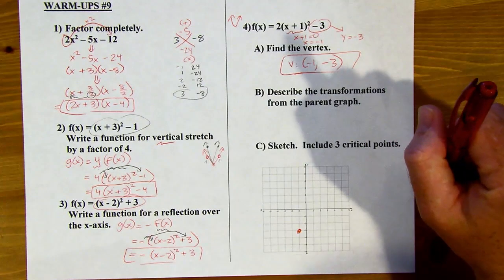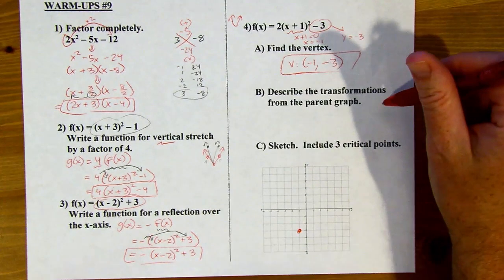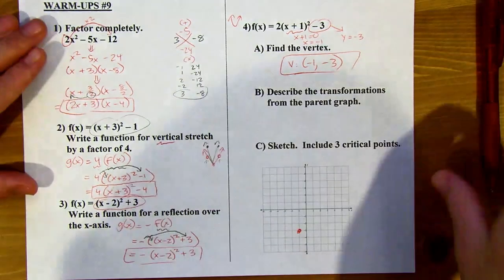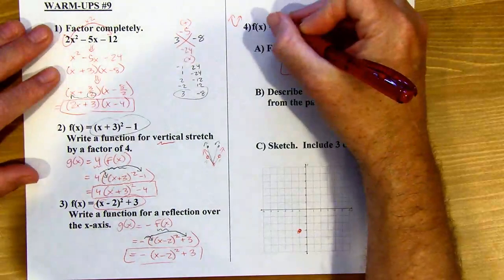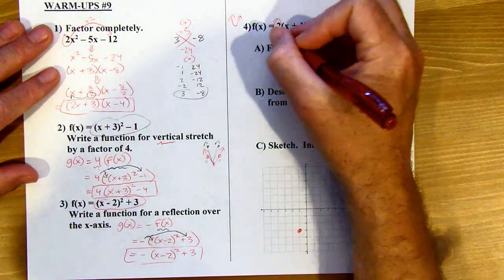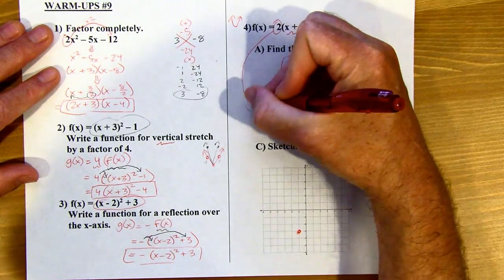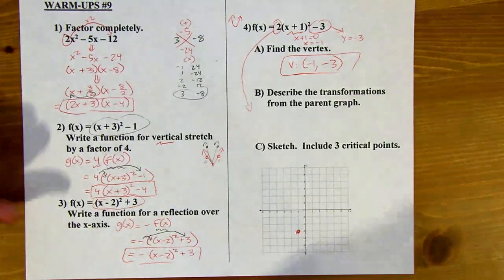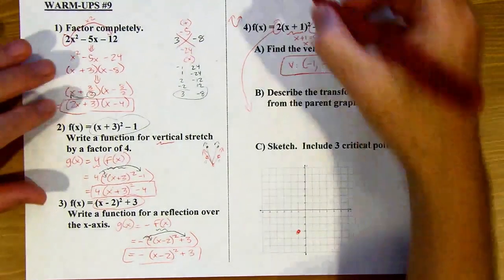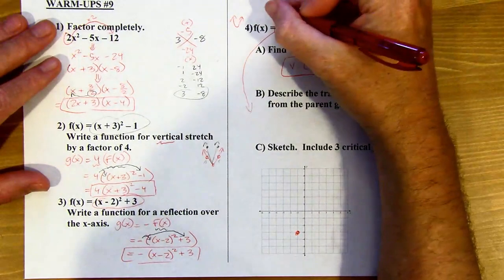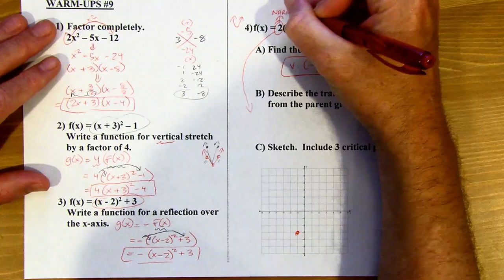Okay? Let's describe the transformations then from the parent graph. So the most difficult one to deal with is this. Okay? So let's deal with that first. So, first off, it's a number more than 1, so this is going to make my graph look narrow.